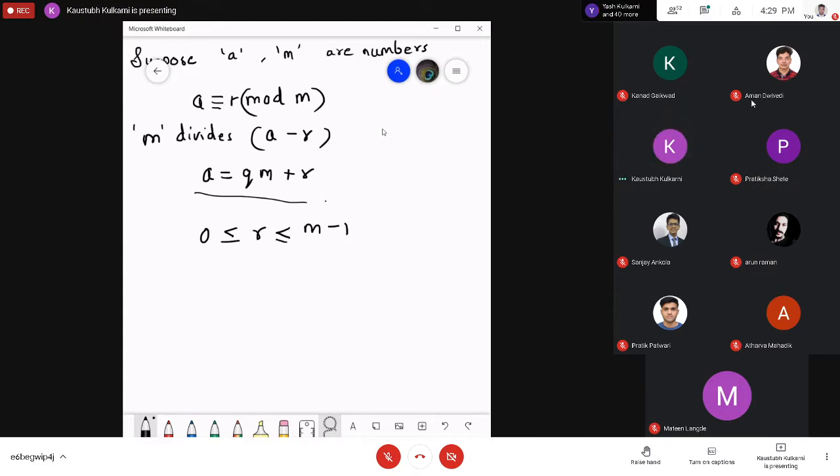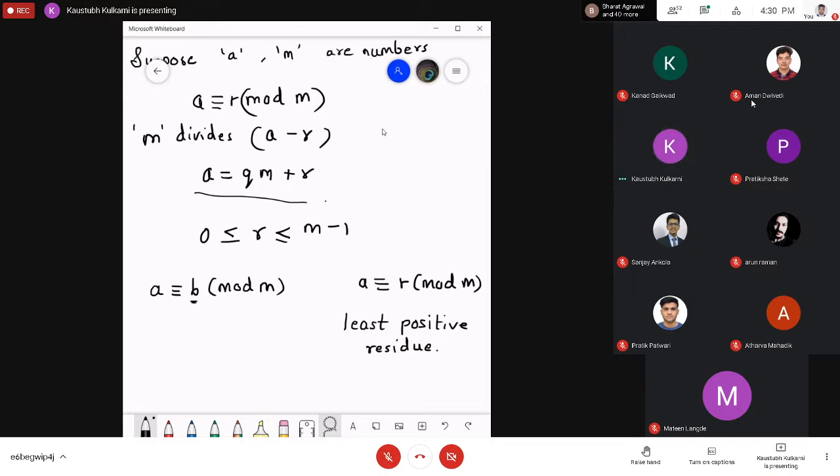So I'll write both things here. If I started with A is congruent to B mod M, and on the other side I'm writing A is congruent to R mod M, then if this right-hand side number is within 0 to M minus 1, in number theory the terminology is that it is called the least positive residue.